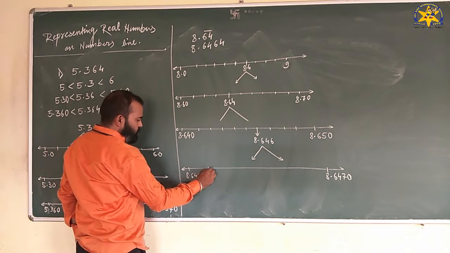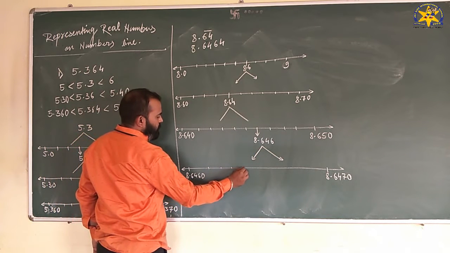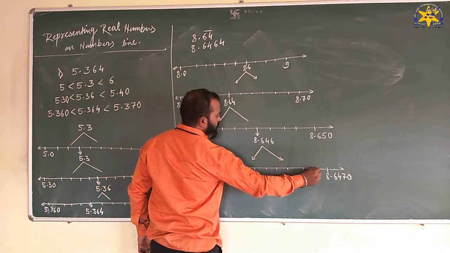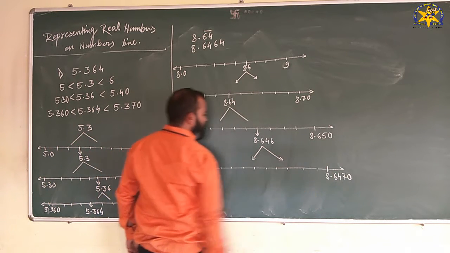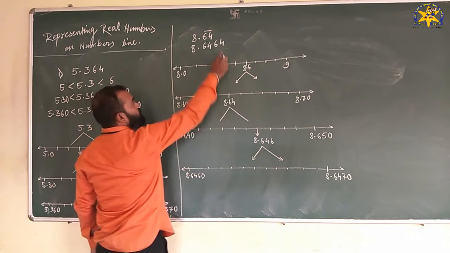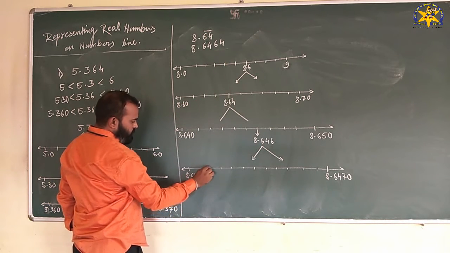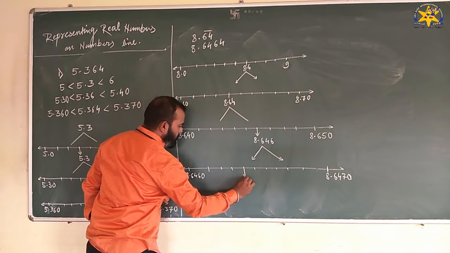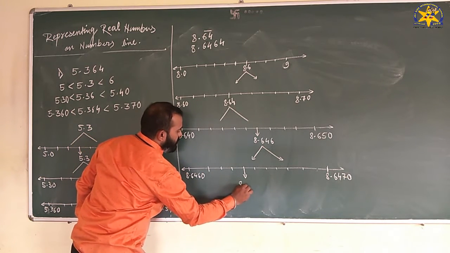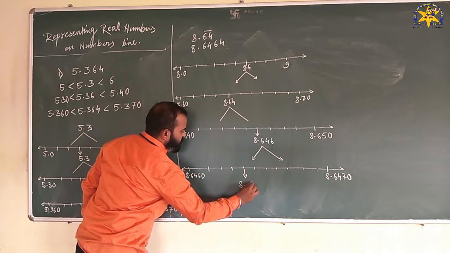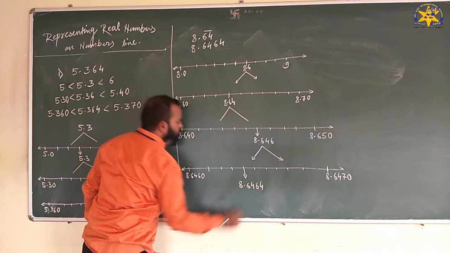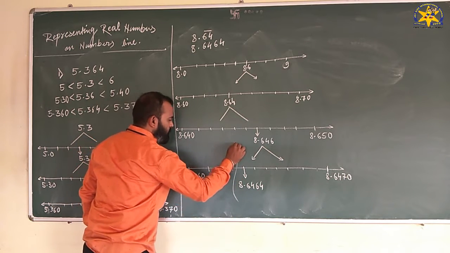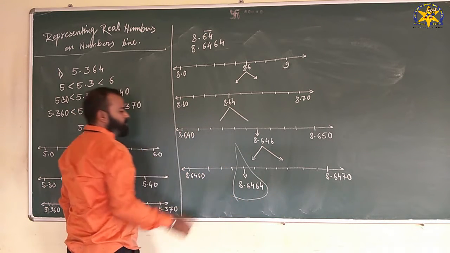Now 10 divisions: 1, 2, 3, 4, 5, 6, 7, 8, 9, 10. So 64 is there: 1, 2, 3, 4. So here will be our required number, that is 8.6464. This is up to the 4 decimals.